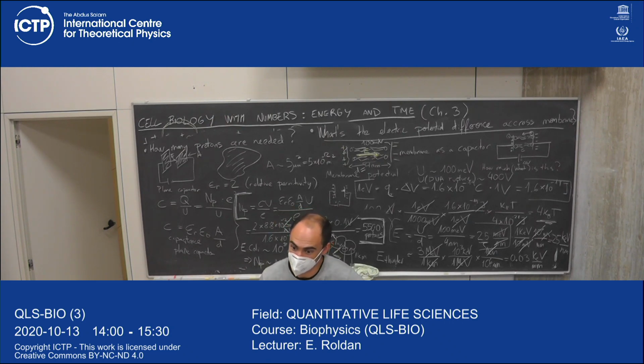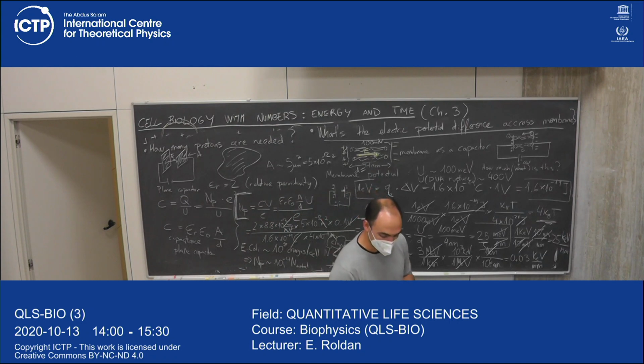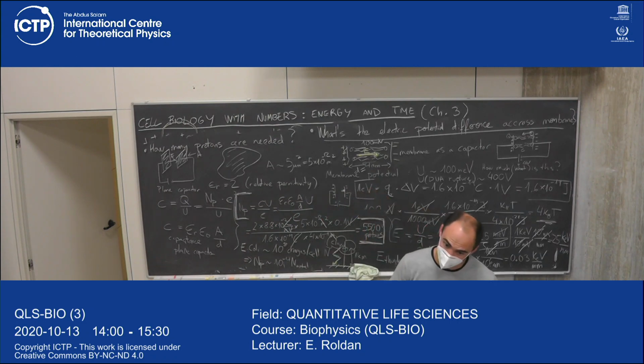Sometimes, for example, you need transport of calcium ions in the transduction of the sound. This is very important. So you need calcium to enter the cell at some point, and this is done also with an active process. So depending on the ion, each ion has a different biological function, and sometimes you need this ion to be transported against the gradient of concentration.